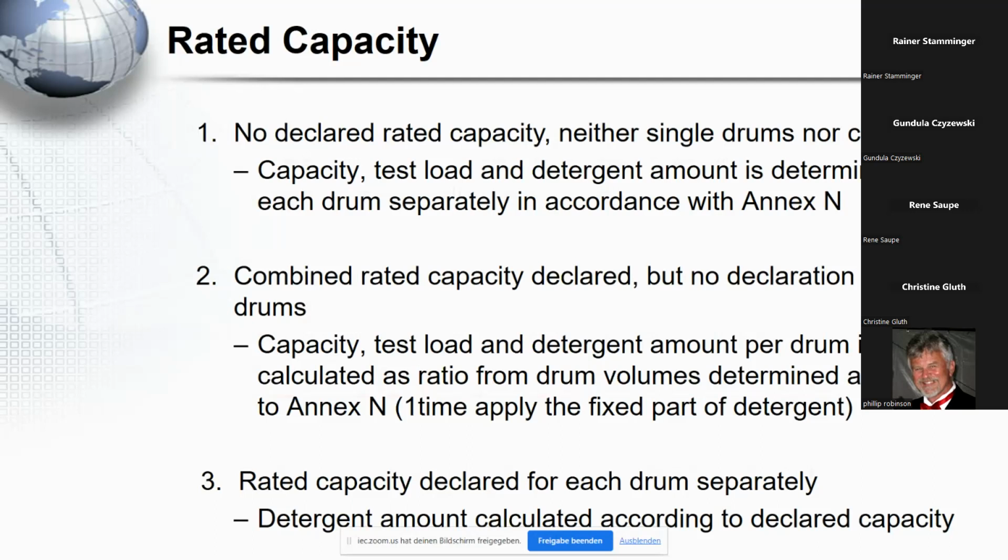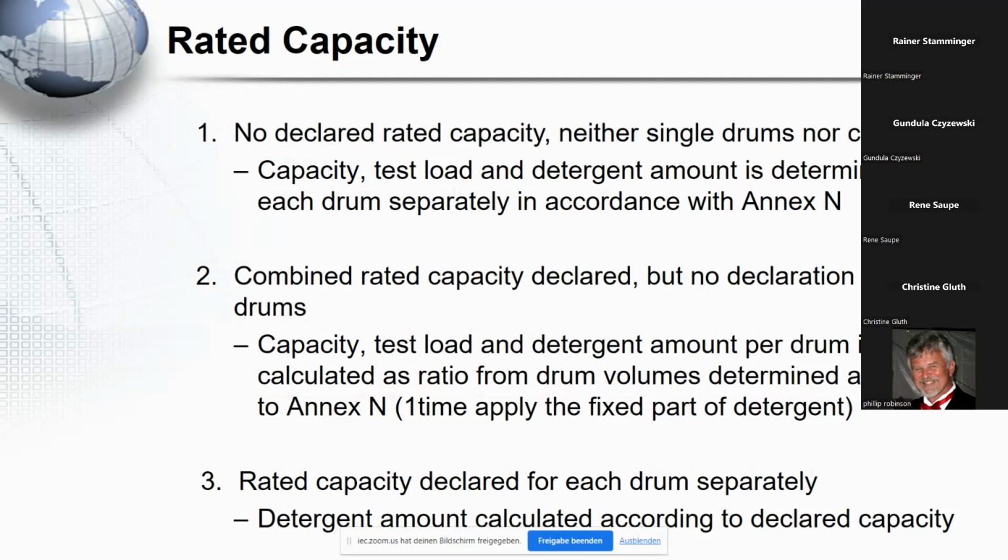In this case, one specialty applies. For the calculation of the detergent amount, we define that only one time we apply the fixed part of detergent. So we would calculate the detergent amount based on the rated capacity once, and then give as well the same ratio of this detergent to each drum based on the volume.